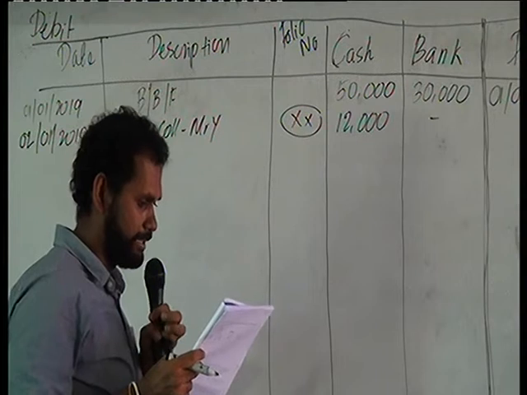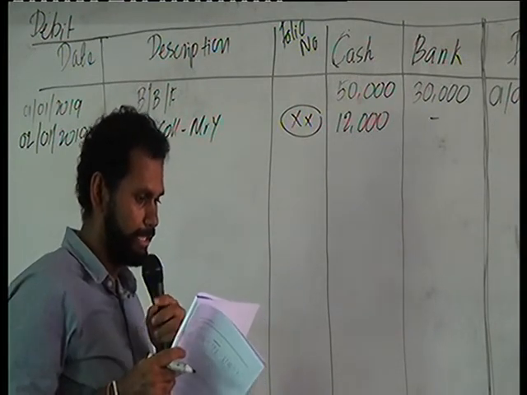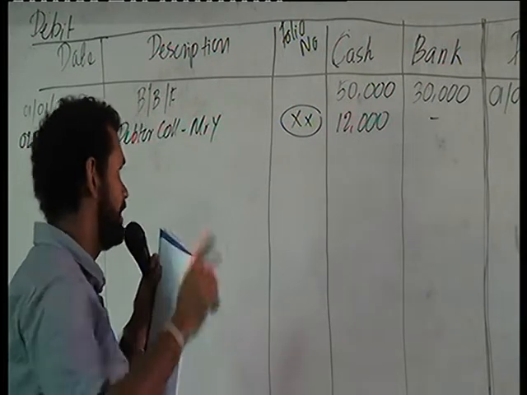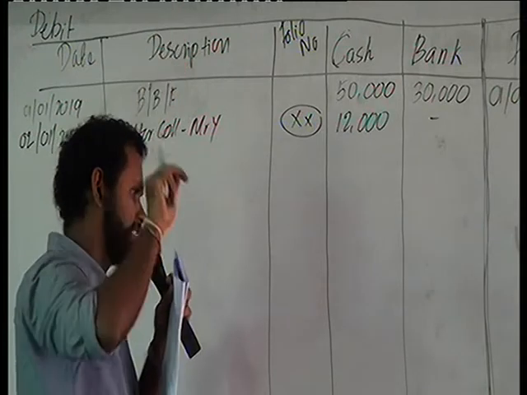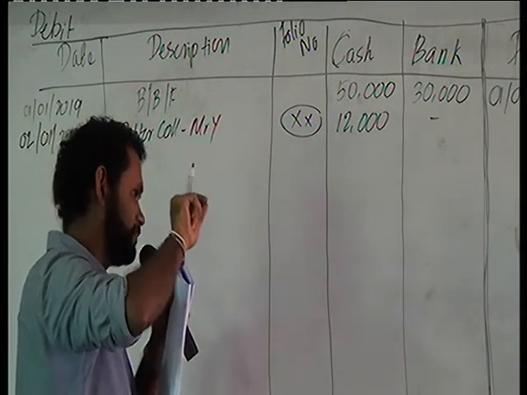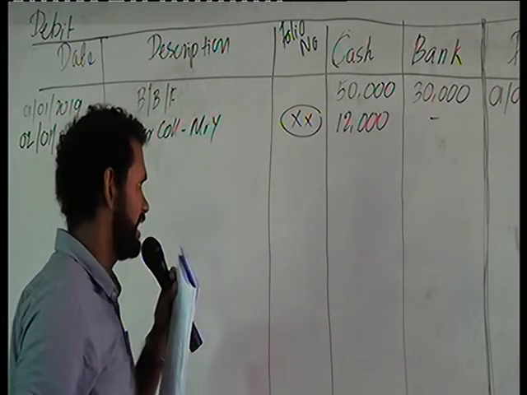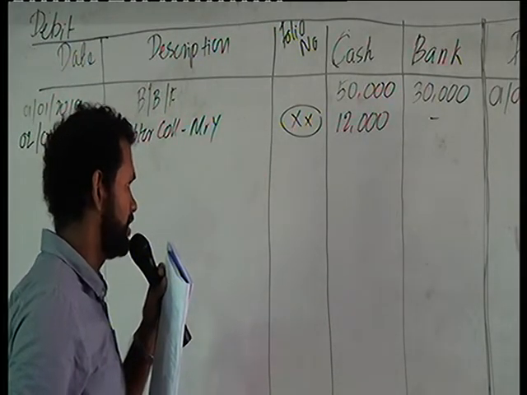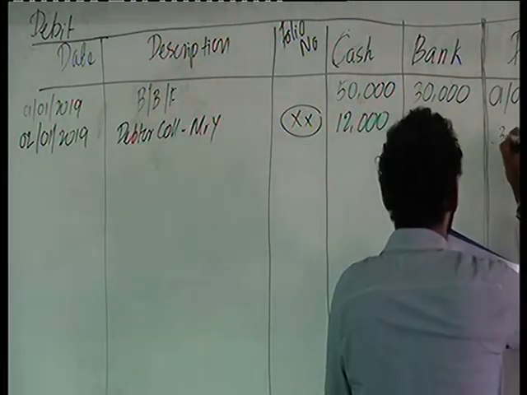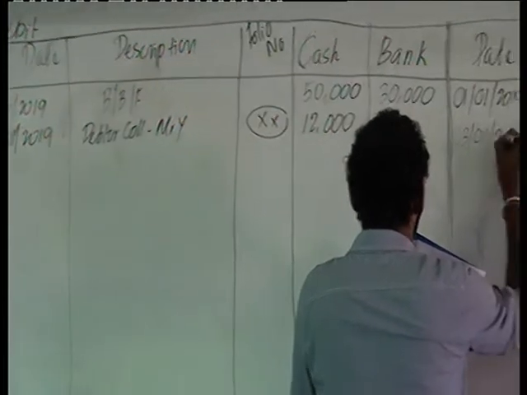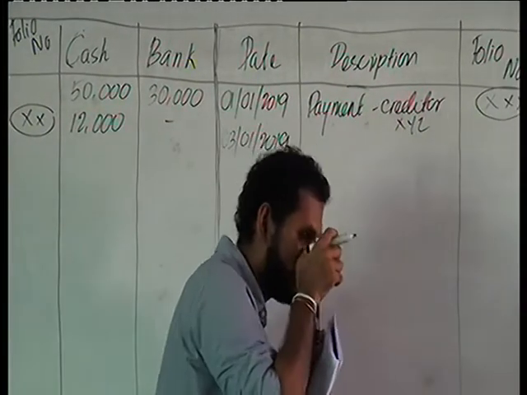Now, do we have any transaction for the next day? On the third, there are no transactions given, but there is one more transaction. Why? Because in the introduction paragraph it says all the check receipts are deposited into the bank on the next day. So on 3rd January 2019, there is a deposit to the bank.